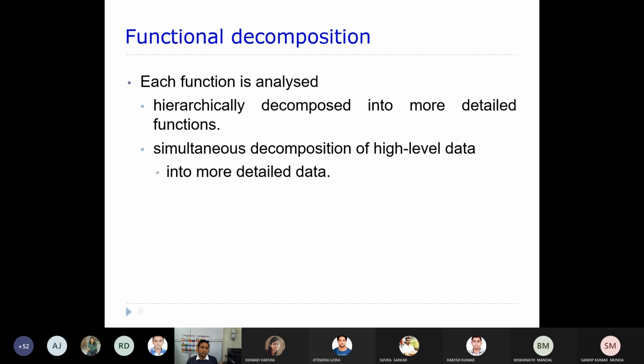And once you have obtained these smaller units of functions, you can easily define what sort of data these functions are going to act on.